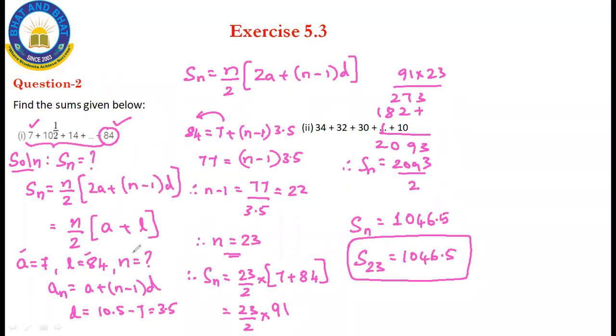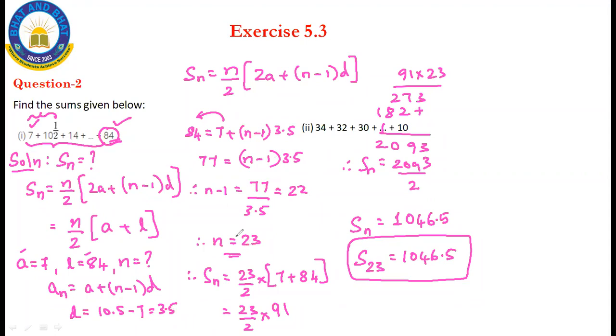For that I use the formula an is equal to a plus n minus 1 into d. That means I apply the formula for this term of the AP: 84 is equal to a plus n minus 1 into d. How did I find out d? d is very easy. Take two consecutive terms and subtract. 10 and a half is nothing but 10.5. So 10.5 minus 7 is 3.5.